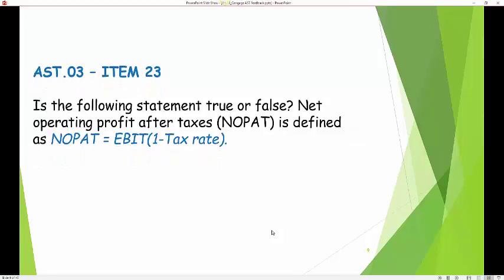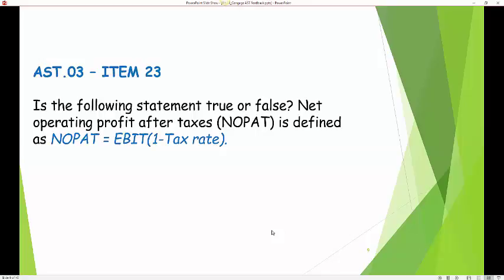And item 23, is the following statement true or false? Net operating profit after tax, acronym NOPAT, is defined as NOPAT equal EBIT, earnings before interest and taxes, times 1 minus the tax rate. This is true. The purpose of NOPAT is to isolate the after-tax profit that the assets themselves generate before considering any costs of financing those assets.